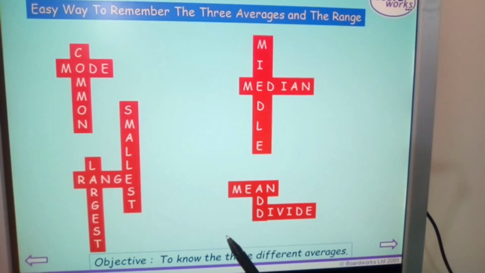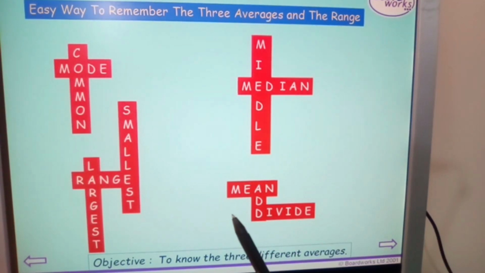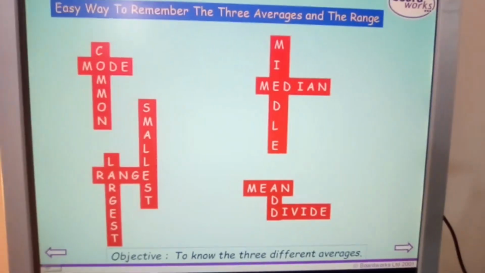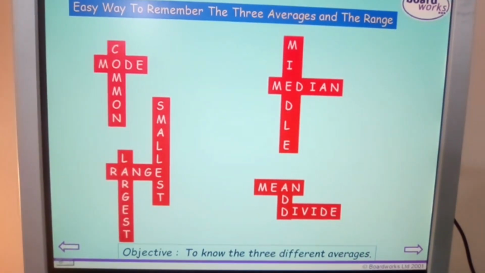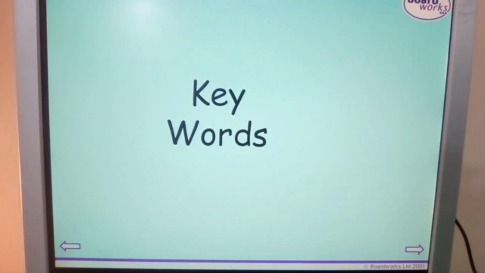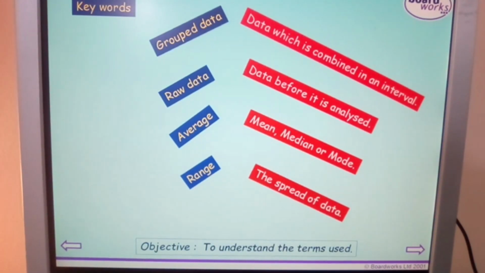And mean, add, divide. And you can read the objective for yourselves. So let's begin to look at keywords and how this plays out.